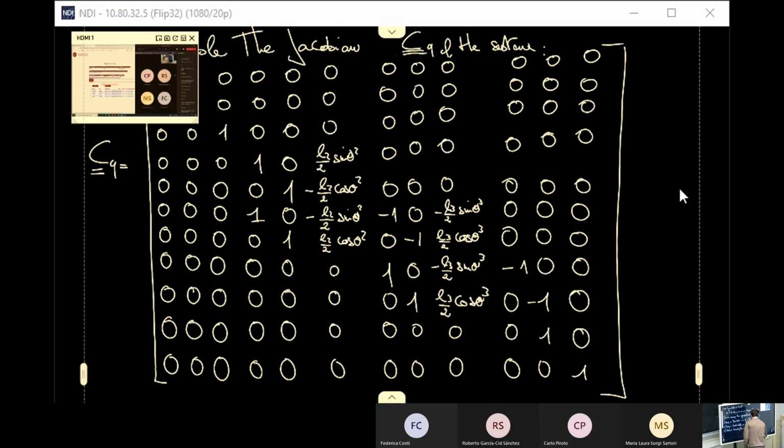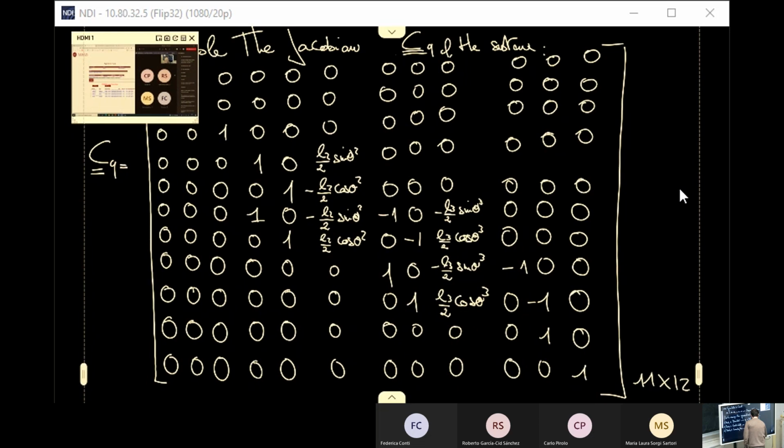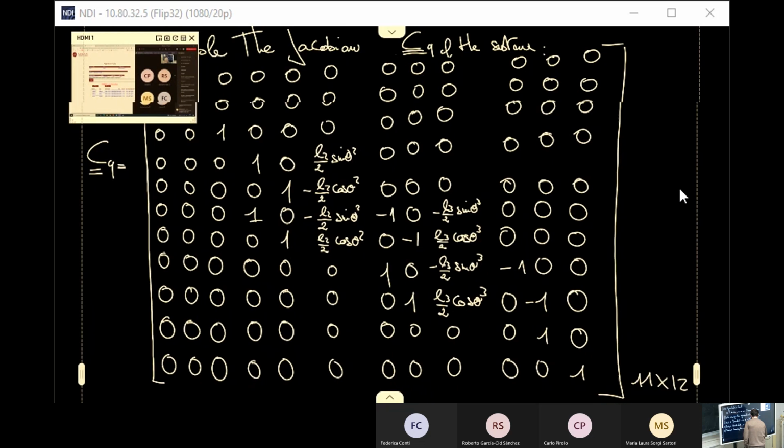When you have a certain number of constraint equations, in this case we have, as I said, 11 constraint equations. So here we have 11 rows and 12 generalized coordinates. So this is an 11 by 12. The choice of which one is your arbitrary parameter, your independent coordinate, is arbitrary.